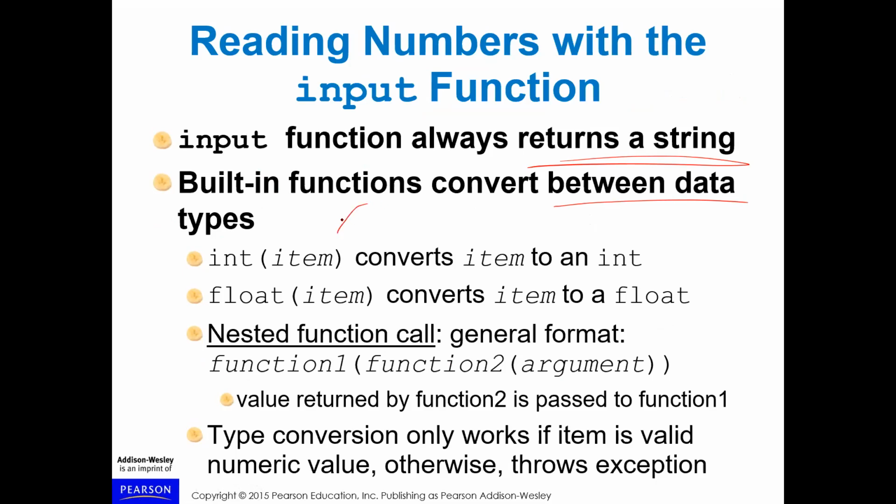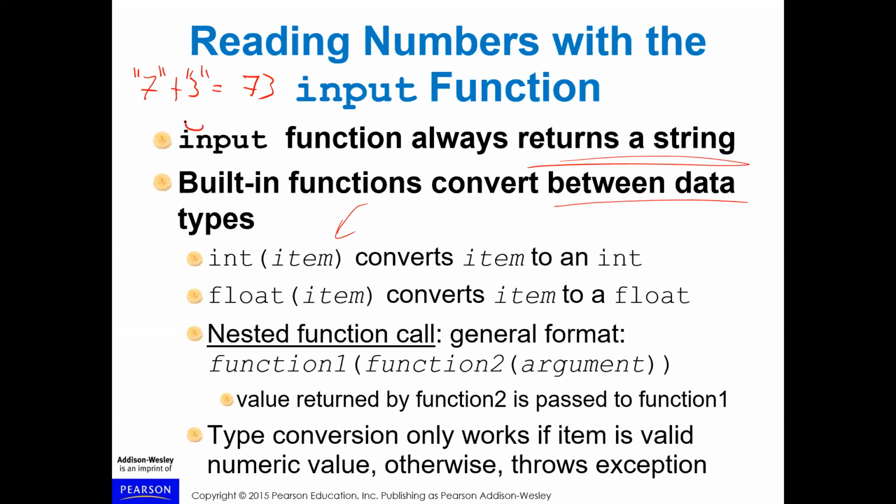What might happen is, let's say you want to read in 7, 8, right? And then you want to add them. But when you add them, instead of getting 7 plus 3, which is 10, you're going to get 7 plus 3 equal 73. What happens here is that the input function returns everything as a string.